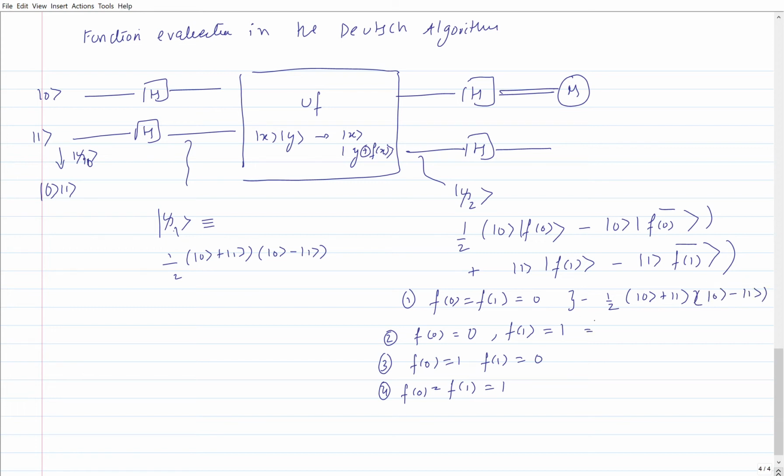this guy. This is going to give me a state evaluating this, and this is going to give me a state -0 plus 1. And finally, this is going to give me a state.